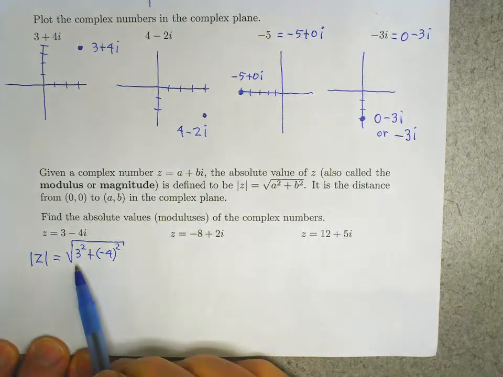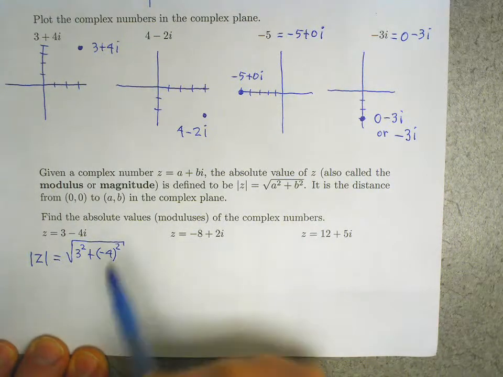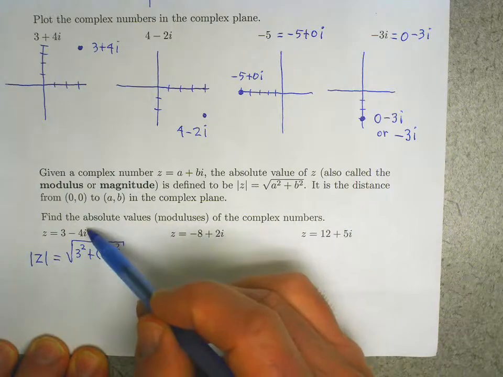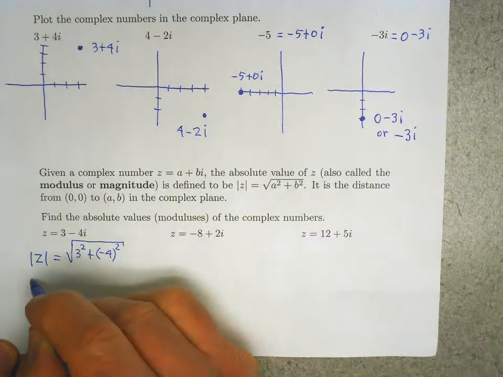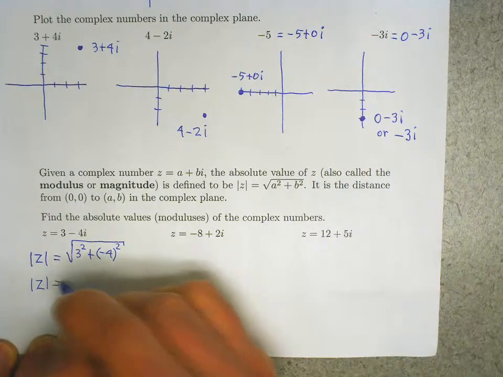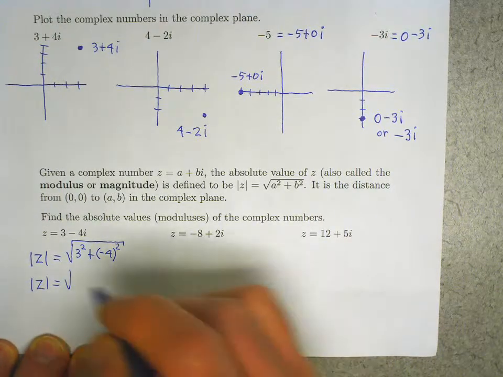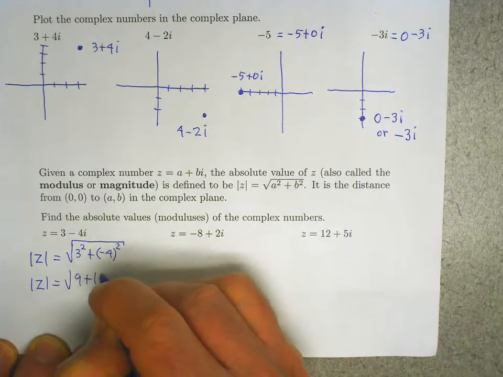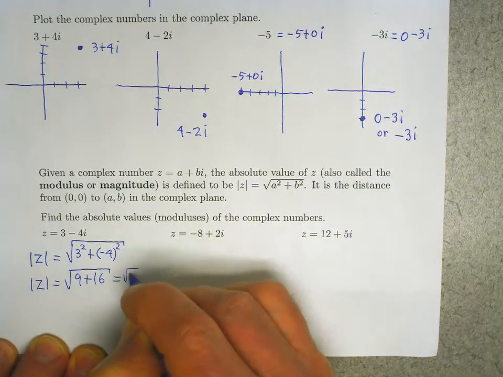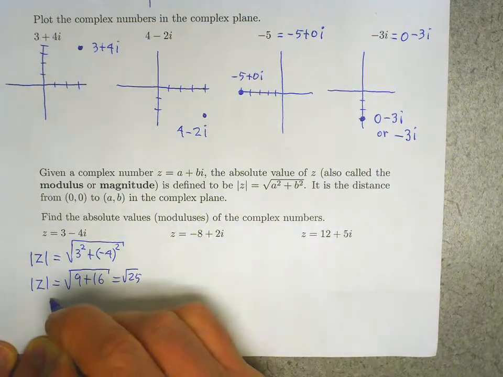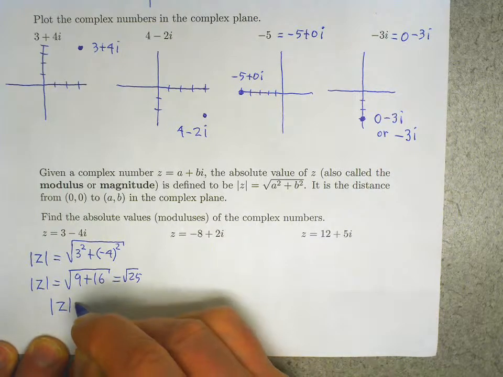So we're only using the real part and the imaginary part to find the modulus. We're not including i in that. And then we just do the arithmetic. So we get the square root of 9 plus 16, which is the square root of 25. And so the modulus is 5.